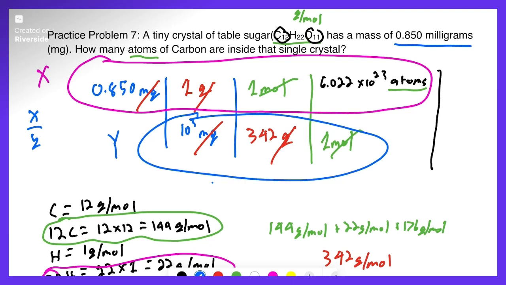That's our value of x. Now we do 10 to the 3 times 342 times 1. And we take our x and divide that by our y. And our final answer is 1.497 times 10 to the 18 atoms.